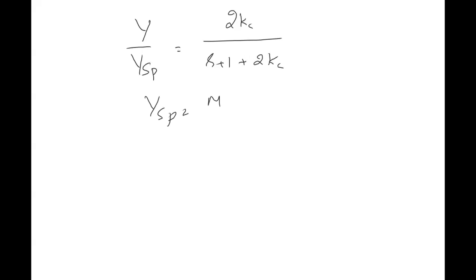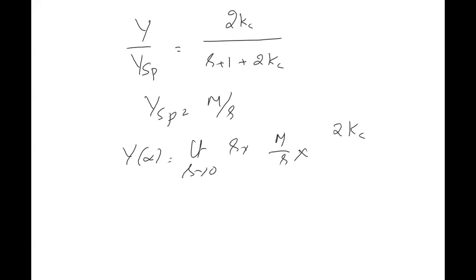Now what is Y by Ysp? What is Y by Ysp is you get 2Kc by s plus 1 plus 2Kc. We substitute the values. What is Ysp? M by s. What is Y of infinity is limit s tends to 0, s into M by s into 2Kc by s plus 1 plus 2Kc.